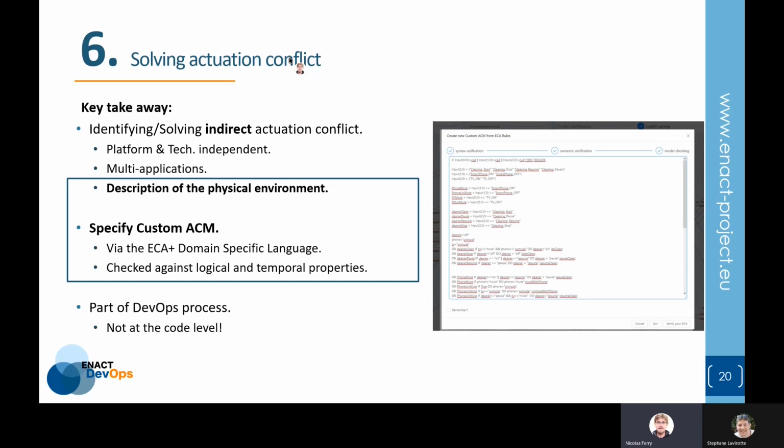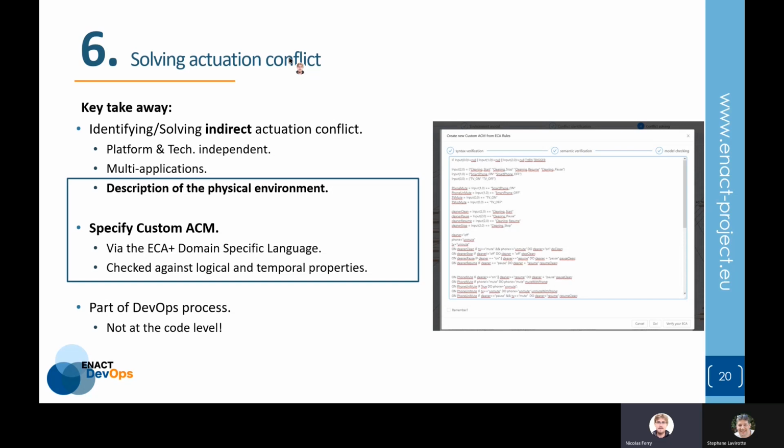It is specified using a domain-specific language that has been defined for the enabler, and each custom actuation conflict manager is also checked against some logical and temporal properties, making sure that the management of the actuator is safe.